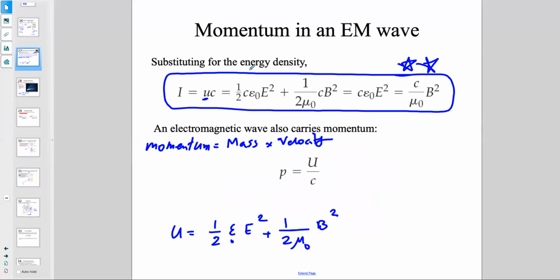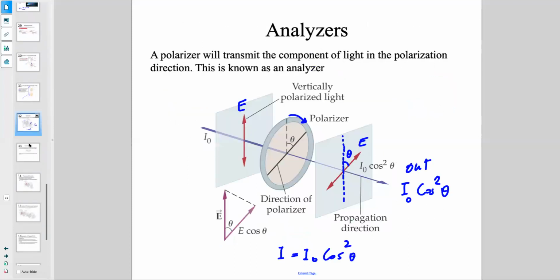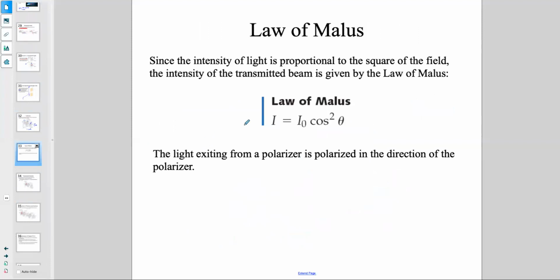I, which is the intensity, is proportional to E squared and B squared, so it is proportional to the field to the power of 2. Since that's happening, the intensity of the transmitted beam is given by the law of Malus. So that's why I is I0, which is the initial intensity, times the cosine squared of theta.